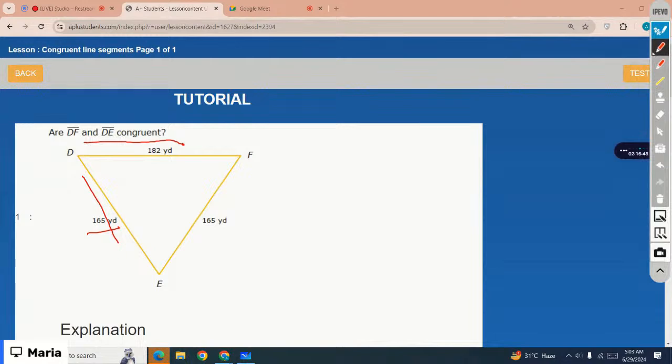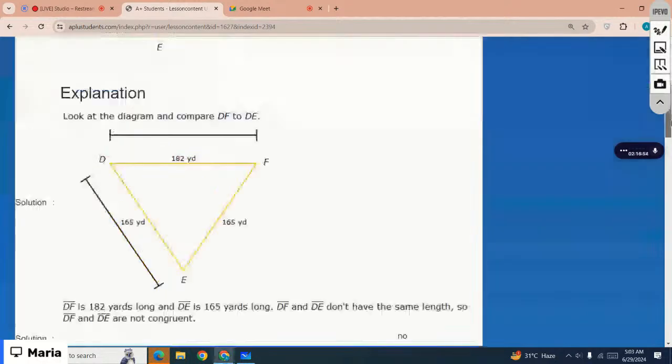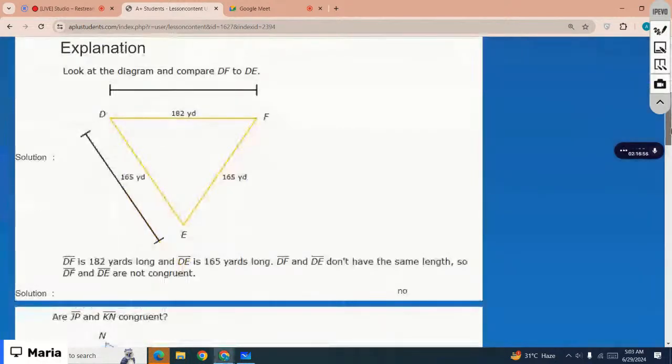You have to see if they are congruent. So which is the correct option? DE is 182 yards and DF is 165 yards long. So DF and DE do not have the same length, so they are not congruent, right? The correct option is no. Got it?